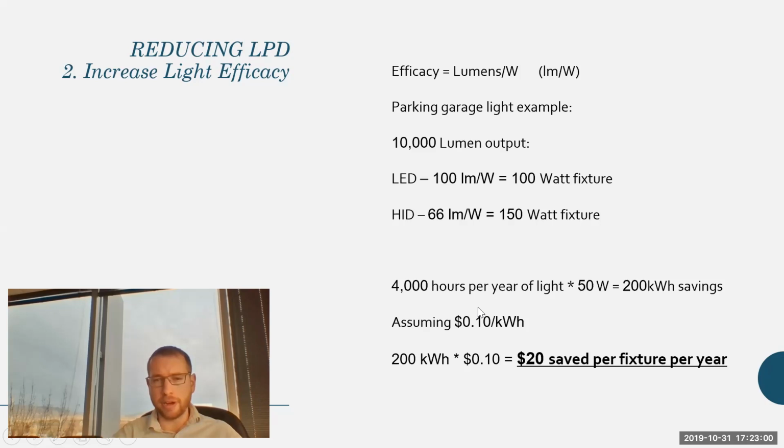So watts times hours per year, that's 200 kilowatt hours that we're saving per fixture. Assuming a generic price of 10 cents a kilowatt hour, multiply your kilowatt hours times your price, and you end up with an estimate of saving $20 per fixture per year. So that's part of the life cycle cost.